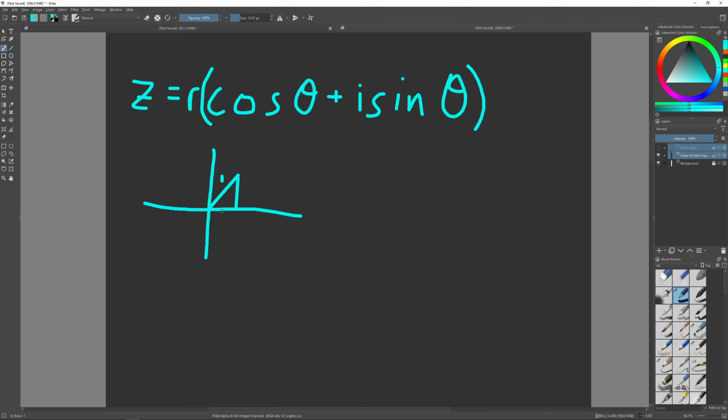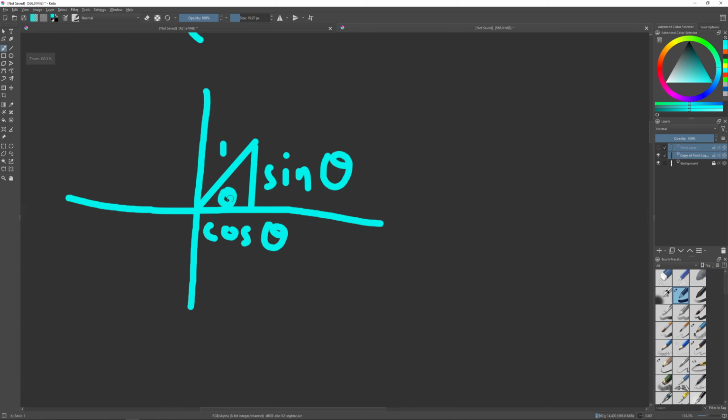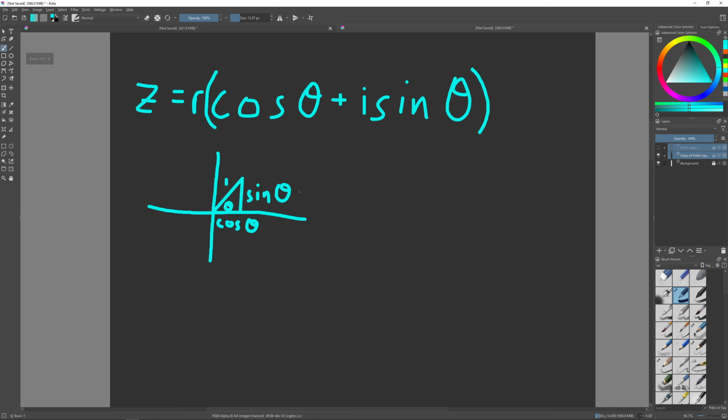So if this were length 1, then this right here is cosine theta, and this right here is sine theta. If this doesn't make any sense, then look at previous videos that I've made. That's theta, that's beautiful theta right there. I've talked about how if you have a unit circle like this, where this is length 1, this will be cosine and this will be sine.